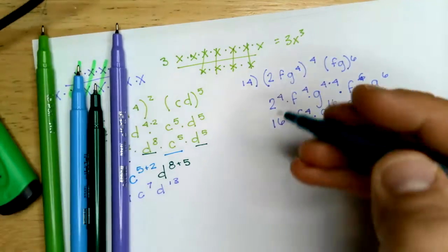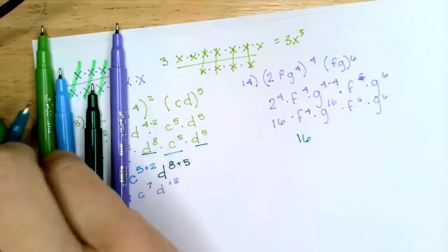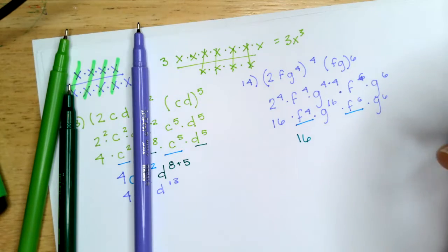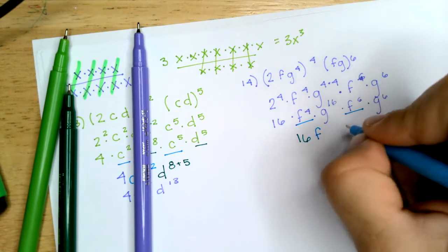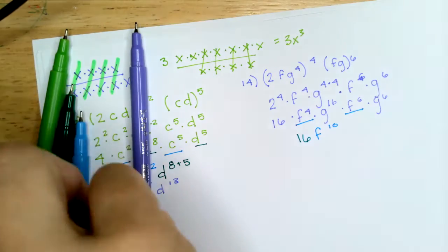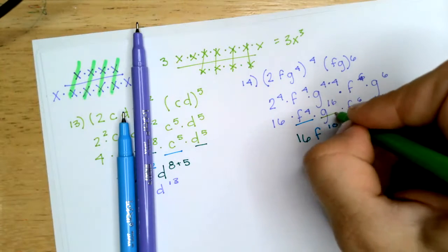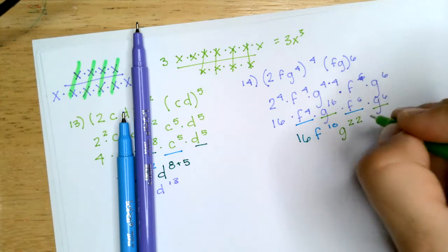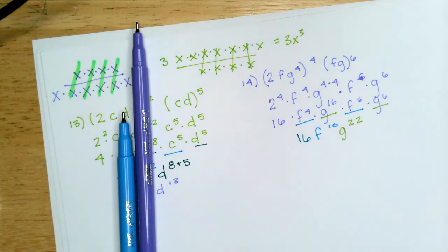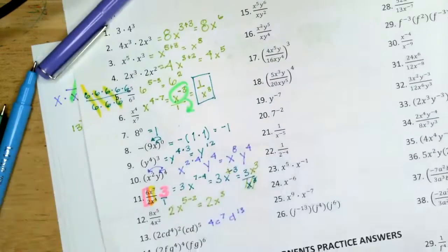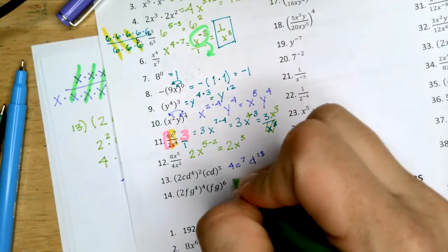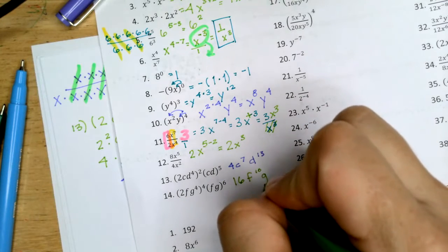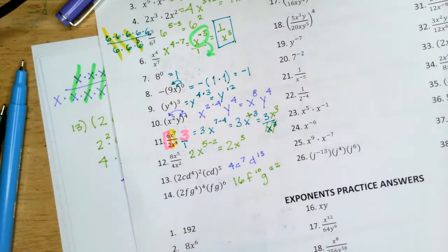Now we're just combining like terms. 16, f to the 4th plus f to the 6th is f to the 10th. And then g to the 16th plus 6 is g to the 22nd, right? So that is 16 f to the 10th, g to the 22nd. Good.